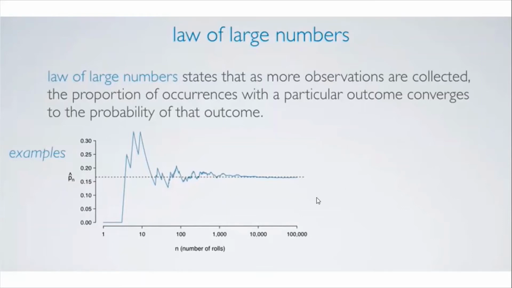That is basically called the law of large numbers. You have to remember, as your sample size increases, the proportion converges to the probability of the outcome. That's why when we conduct a study, we should have enough sample to do any inferential statistics.